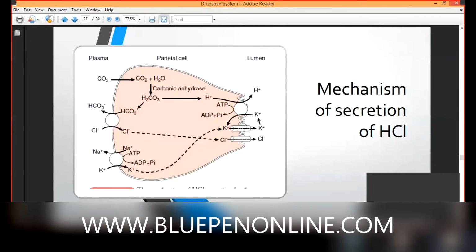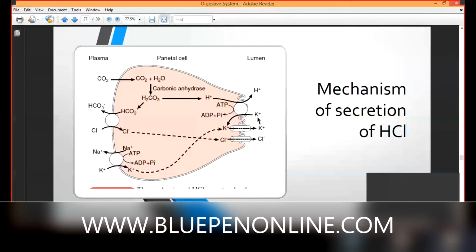No. To the lumen. Can you see this? Sodium ions go into the plasma, no, ma'am? Later it will go. Later.